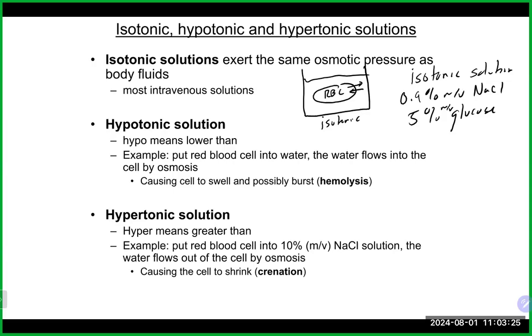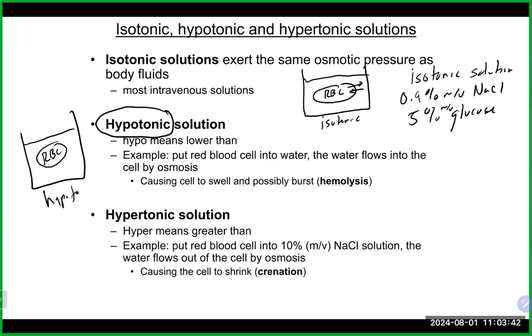So what happens if you have something less than that? That is what is referred to as a hypotonic solution. In a hypotonic solution, hypo means lower than. When you put a red blood cell into a hypotonic solution, the outside of the solution is actually less concentrated than inside the cell.